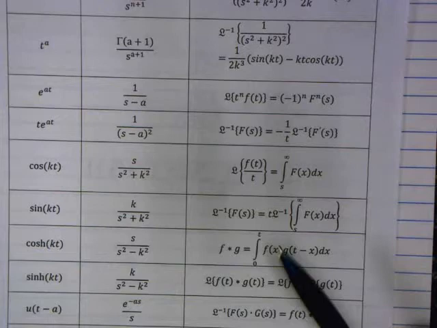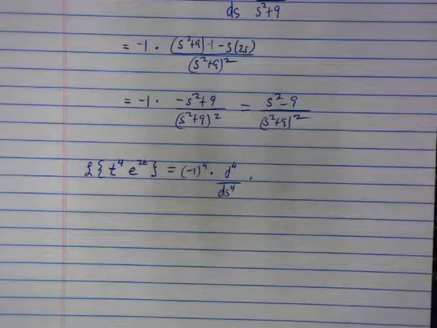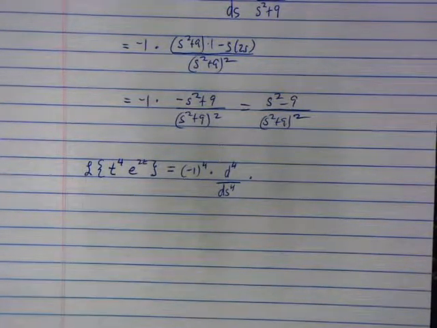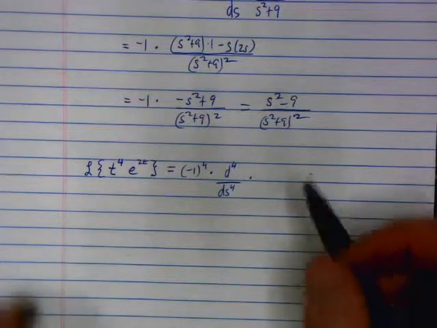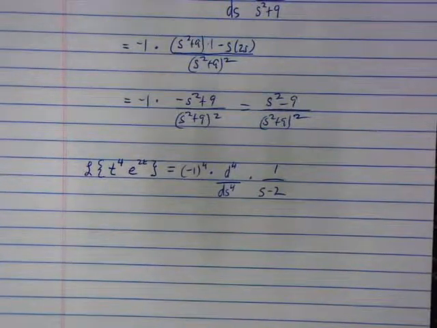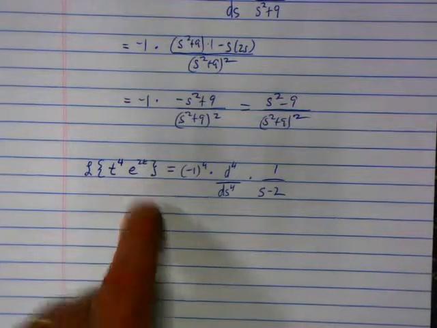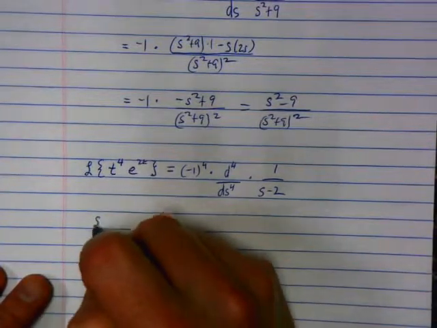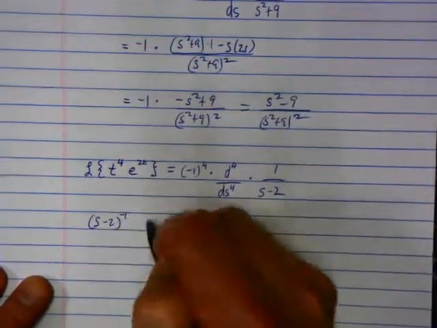Okay. All right, well, what's the Laplace transform of e to the 2t? 1 over s minus 2. And then I have to take the fourth derivative of that. Well, the good news is the teacher was somewhat clever and picked e to the 2t, because I'm going to write this as s minus 2 to the negative 1.